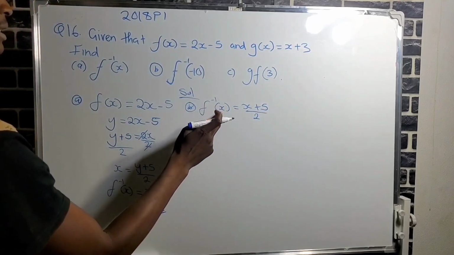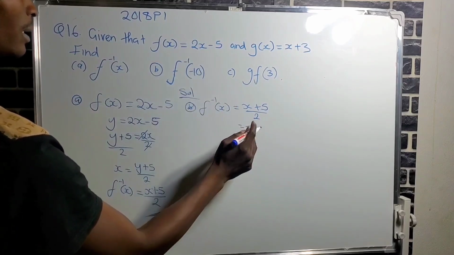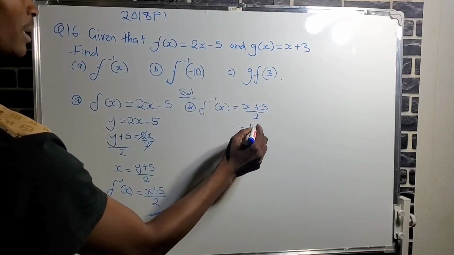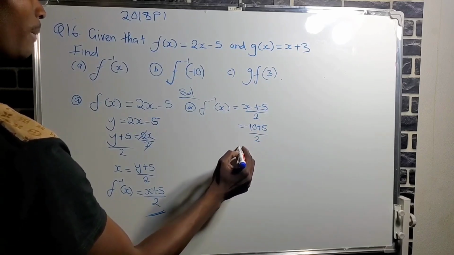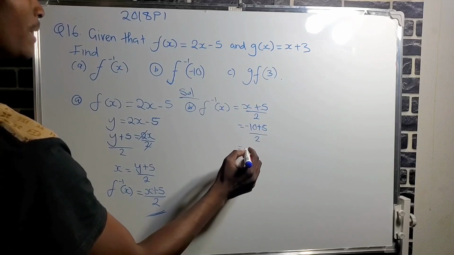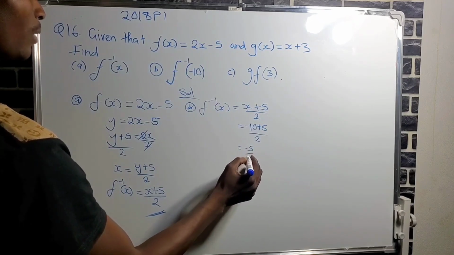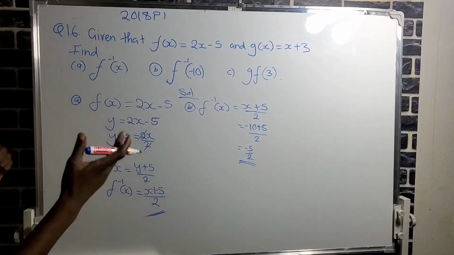Then they're saying where there is x, substitute negative 10. So we're going to say negative 10 plus 5 over 2. Negative 10 plus 5 is negative 5 over 2, and this is the answer. Simple as that.